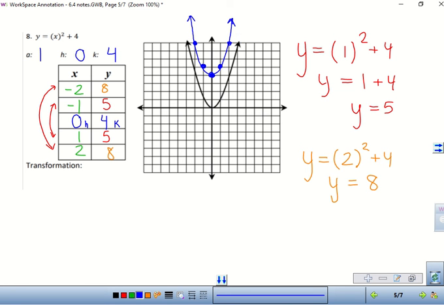Oh, it shifts up this time. It does shift up, and why do you think that happened? Because of the k. Very good, because of the k. So how many units did it shift up? 4. Good. Shifted 4 units up.